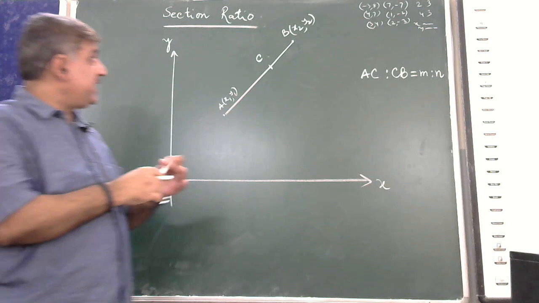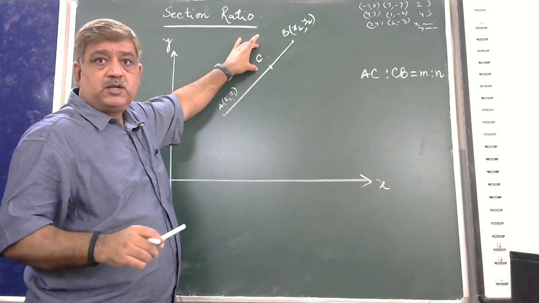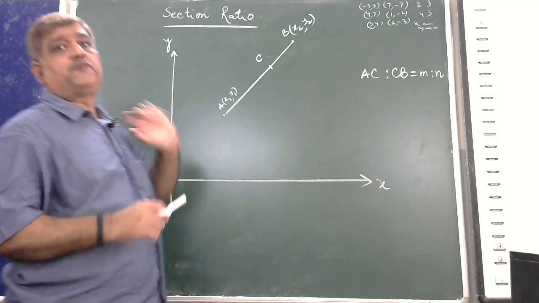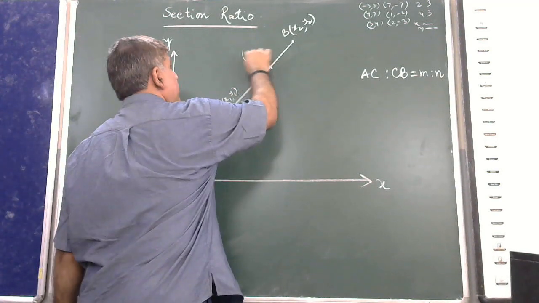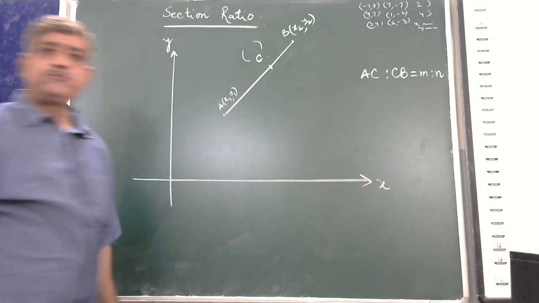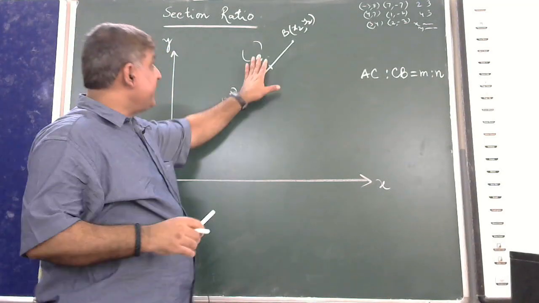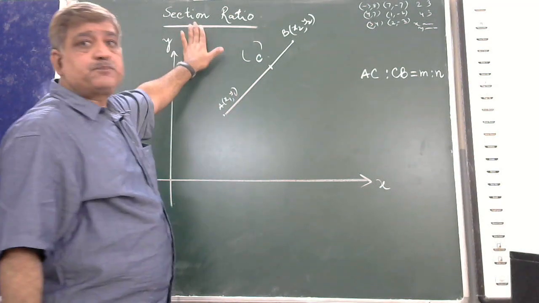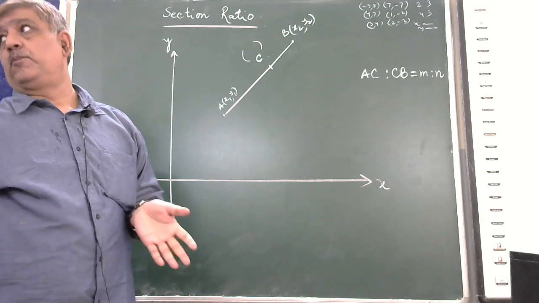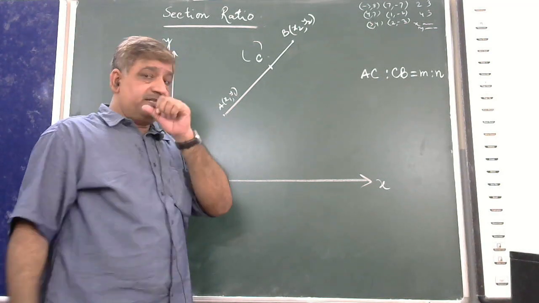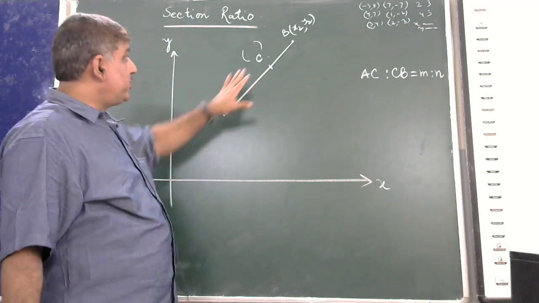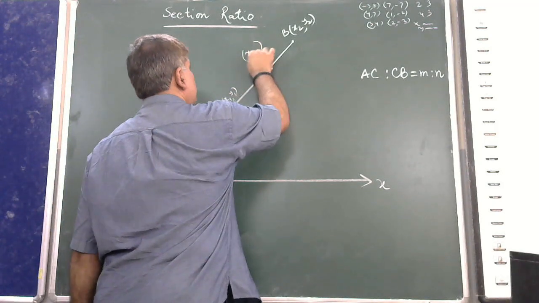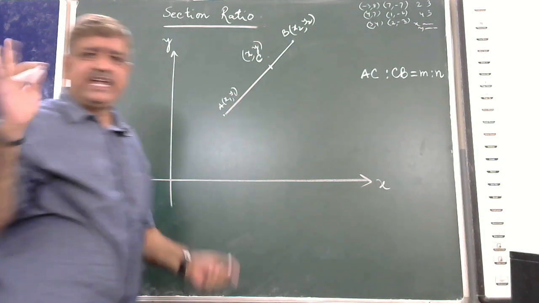then what will be the position of point C, or what will be the coordinates of point C? This technique to find the coordinates of point C is what we will discuss in this part, the section ratio. Suppose the coordinates of point C are x, y.